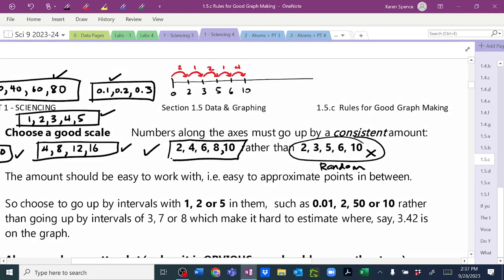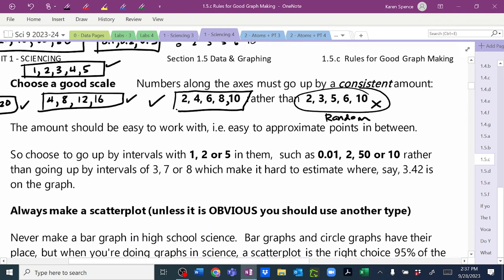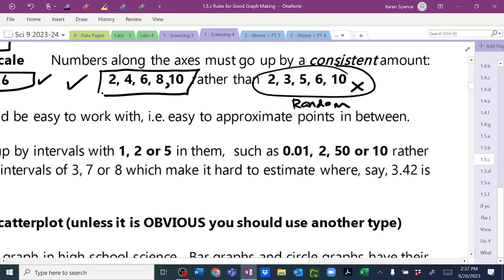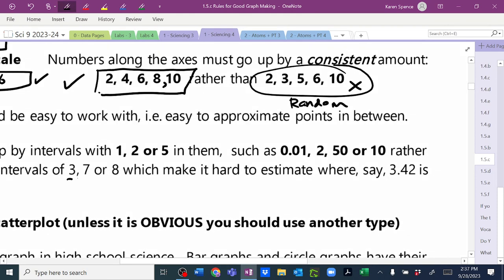You should pick things that are easy to go up by. So you can choose things with a 1 or a 2 or a 5, maybe even a 4. Occasionally people have made 3 work, but can you imagine if you're going up by 7? You're going to have to do fractions of a 7.